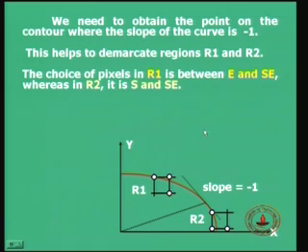So if you get this point, it's easy for us because you have to apply the choice between east and southeast for R1, south and southeast for R2. So how to get this point?